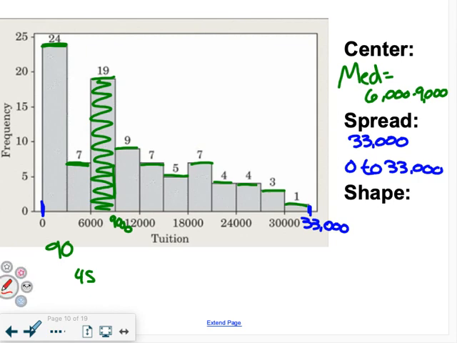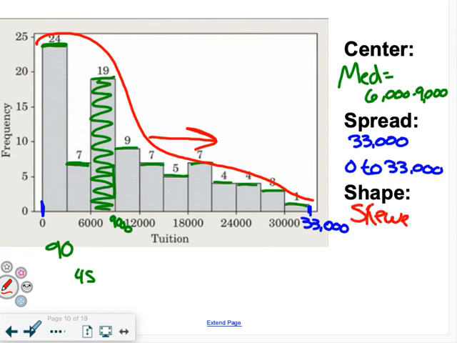And then our shape: we have a bunch of data here, and then it kind of gets pulled off to the right side, so we'd say it's skewed right.